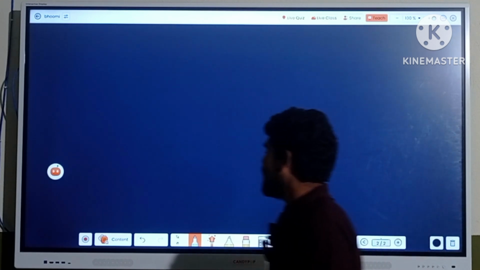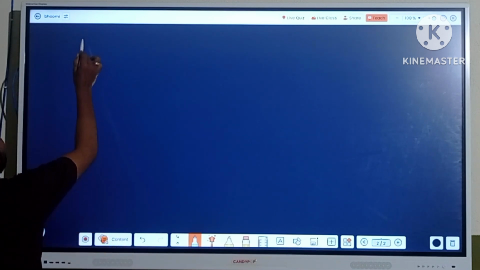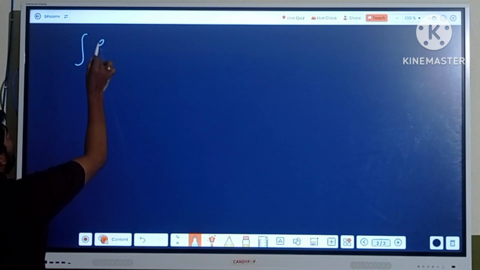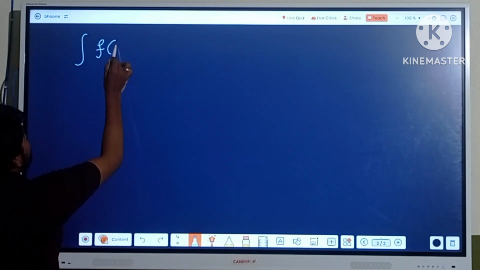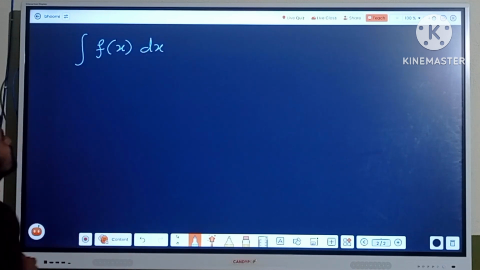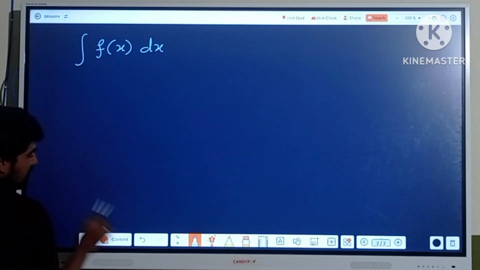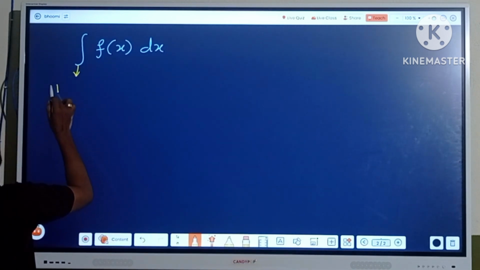See here, as you know, if we have integration of the function f(x) with respect to x, in this integral problem, this is nothing but your integral sign.